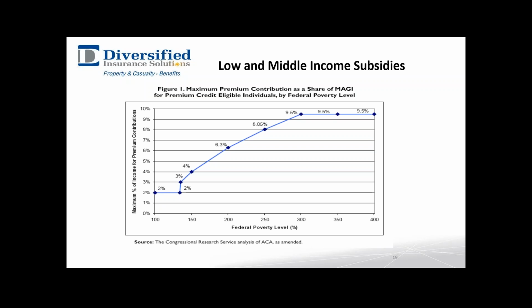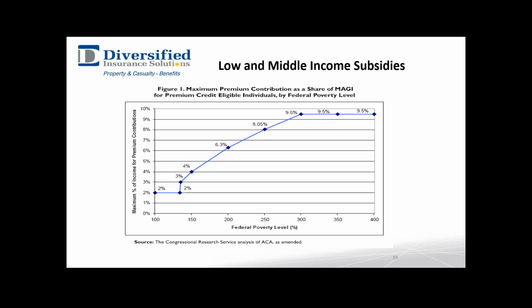And so you can see there's that line. It goes from 2% and stays flat, that's really at that 138% of the federal poverty level that I mentioned earlier. It starts to go up at that point, and you can see it starts to arch up. As I mentioned earlier, while you are eligible for a premium subsidy all the way up to 400% of the federal poverty level, once you get to 300, you go up to 9.5% of your income that you would be responsible for paying for premium.